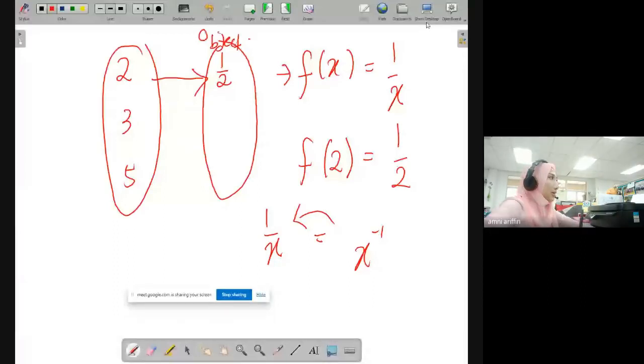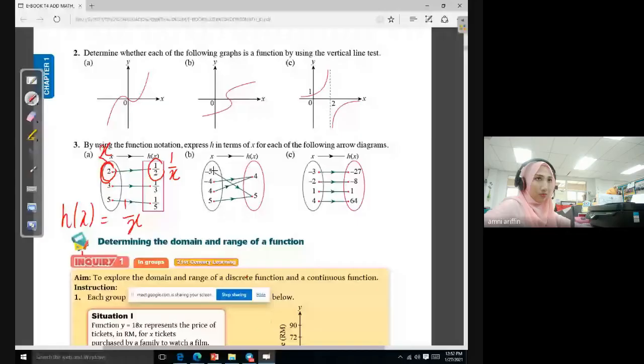So yang ini, tadi ada yang tanya cikgu, yang ini saya tak faham. Yang ini, you nampak tak? -5 become 5. Dia akan jadi H, X, which is you gunakan this block symbol, the absolute value.